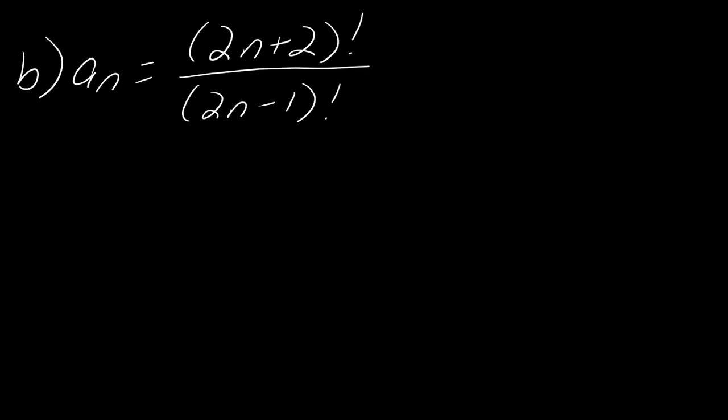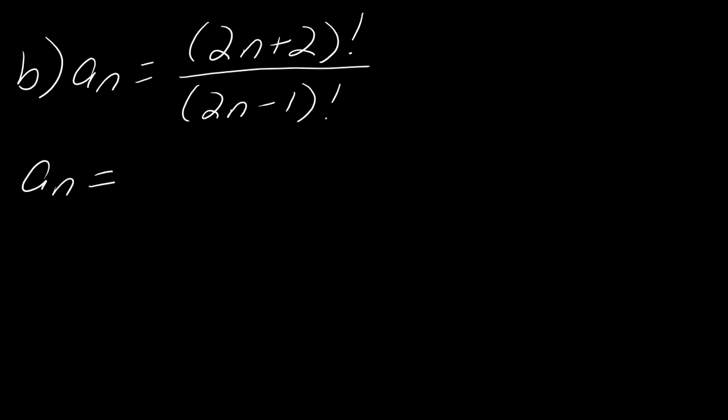Okay, so let's take a look at this next one. a sub n equals (2n plus 2) factorial over (2n minus 1) factorial. Factorials are kind of fun to think about.